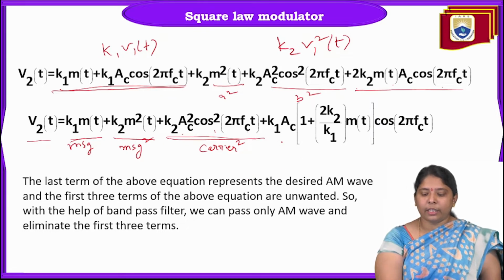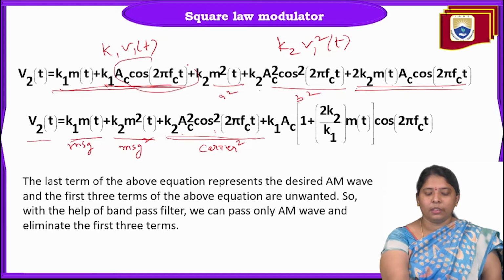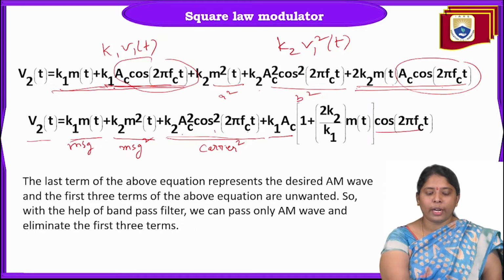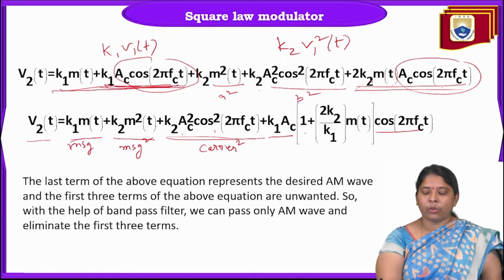In the second term and the fourth term, we see Ac cos 2 pi fct as the common factor. If we take K1 Ac cos 2 pi fct as common, we get 1 here, and here we get 2 K2 by K1 into m of t, since K1 is not there in the term.